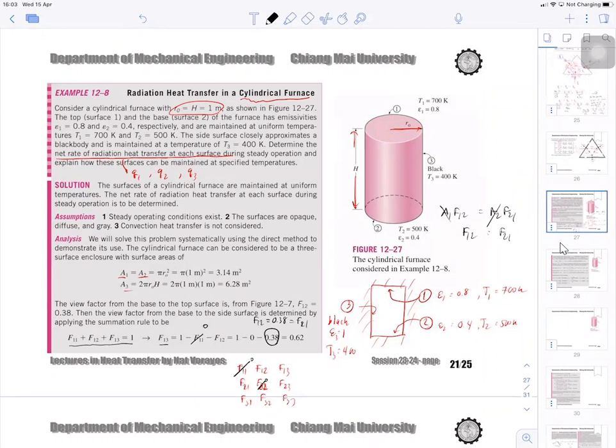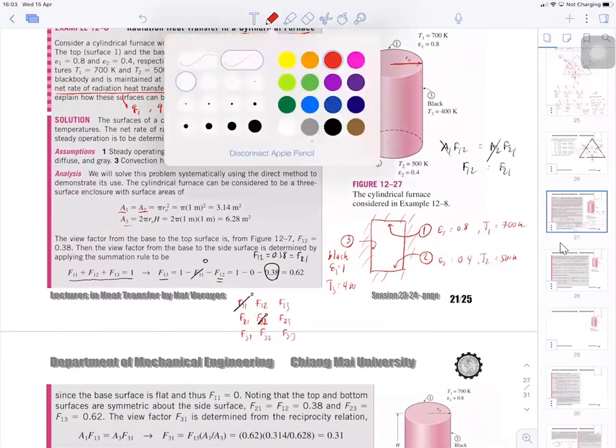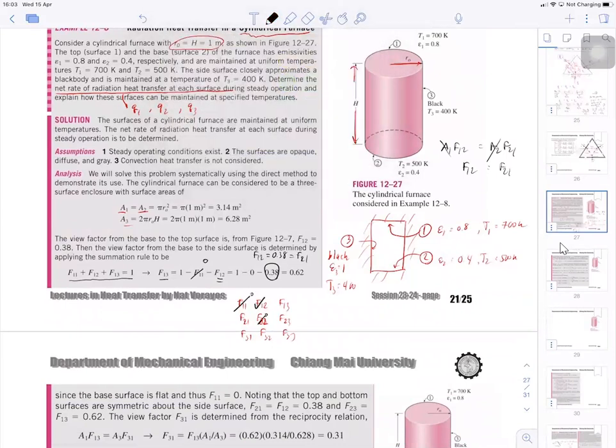So you substitute F12 in, and you know F11 equals 0, so you can find F13. Once you find F13, you remember A1 F13 is equal to A3 F31. You know A1, you know A3, so you're going to know F31.